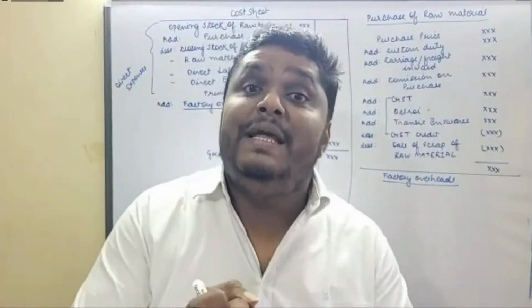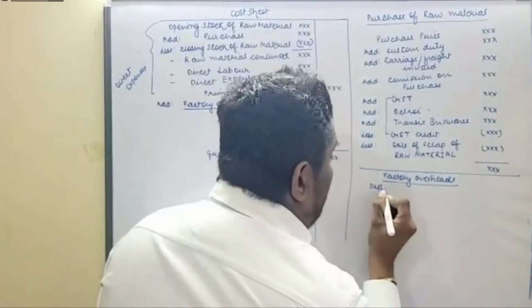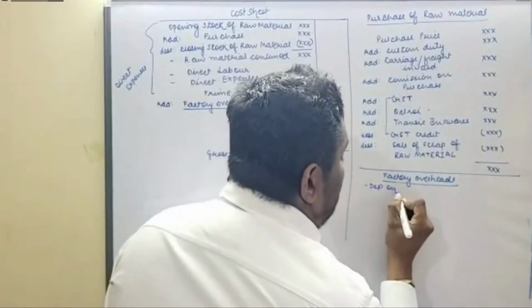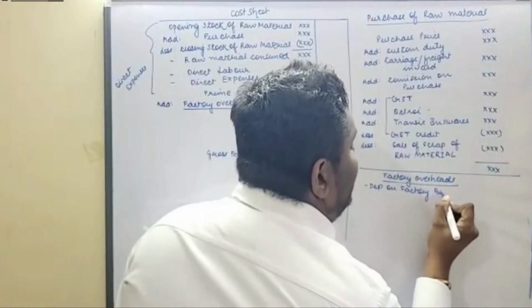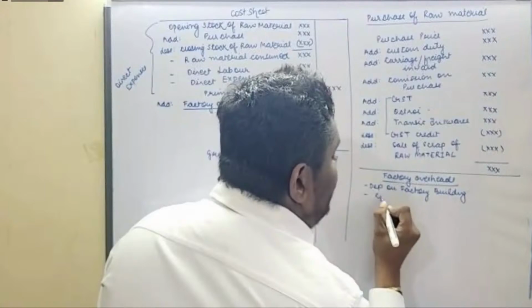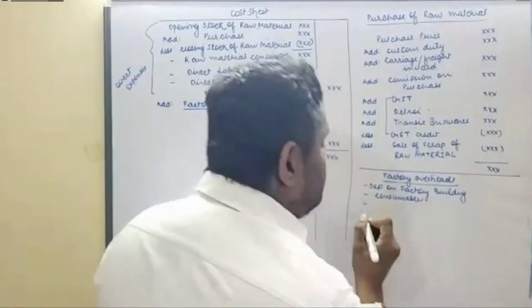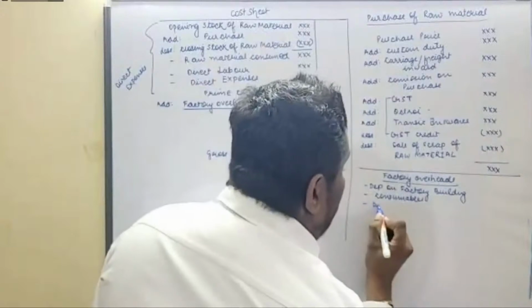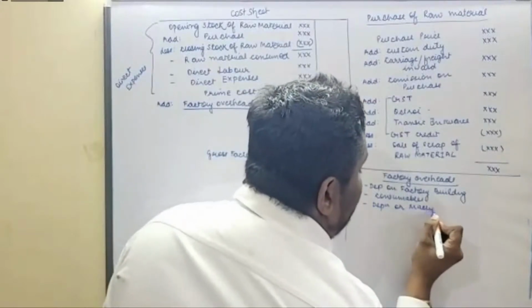That is the depreciation on factory building. Depreciation on factory building will form part of factory overhead. Other consumables will form part of factory overheads. Depreciation on machinery will form part of factory overheads.